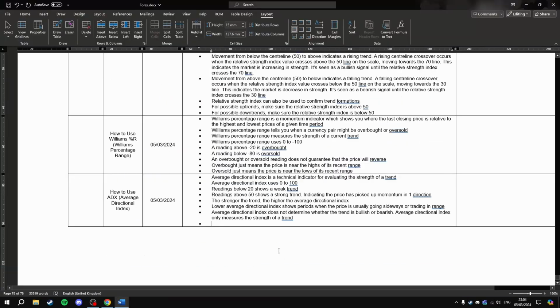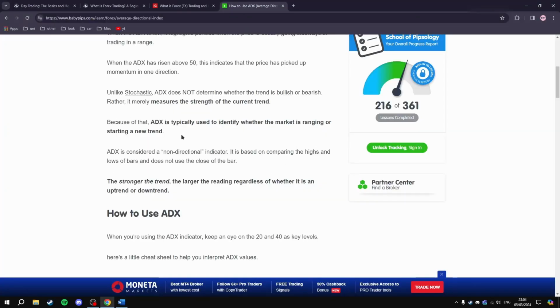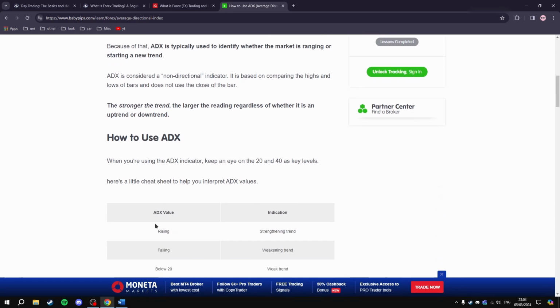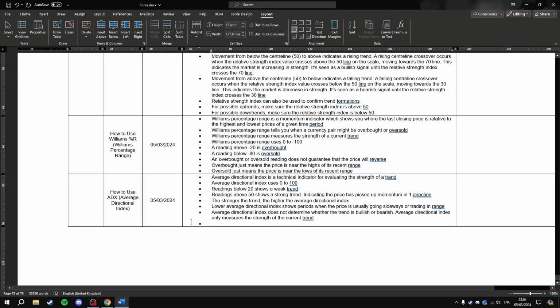Because of that, ADX is typically used to identify whether the market is ranging or starting a new trend.